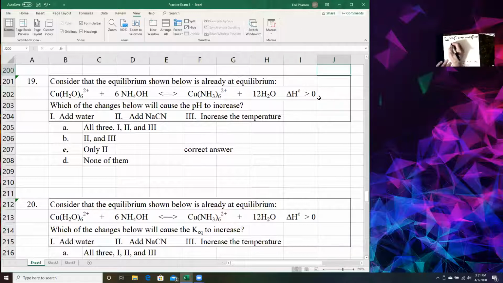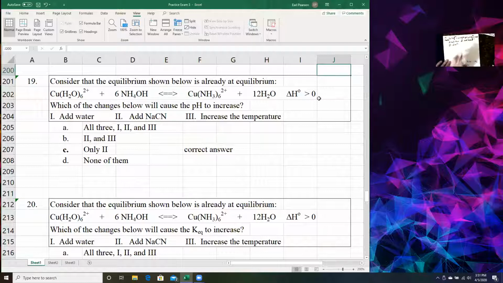Number 1 is we're going to add water. Number 2 is we add sodium cyanide. And number 3 is increased temperature.